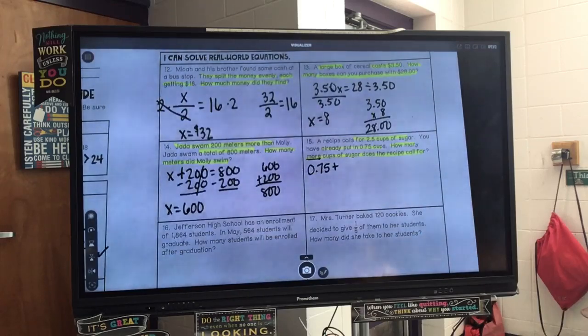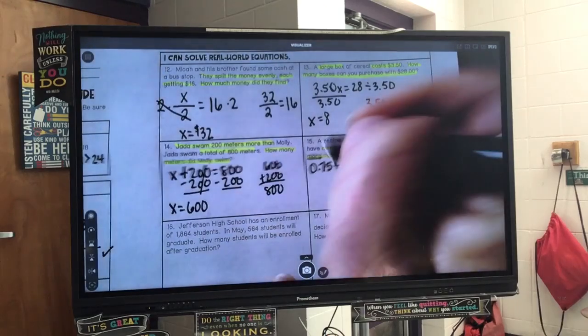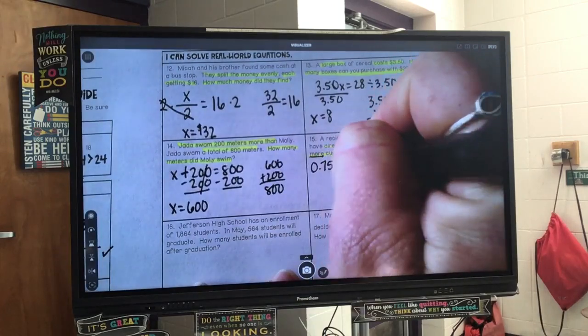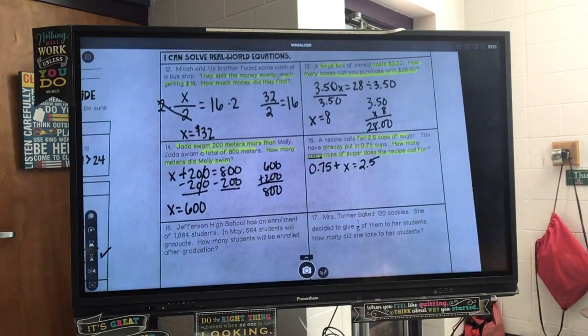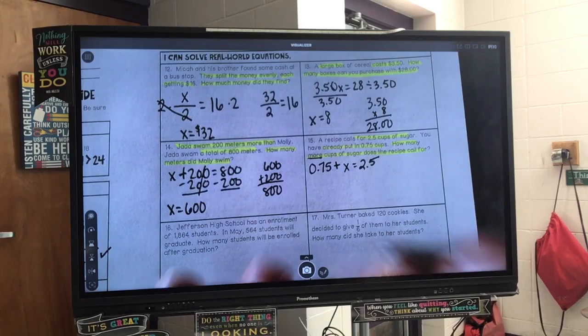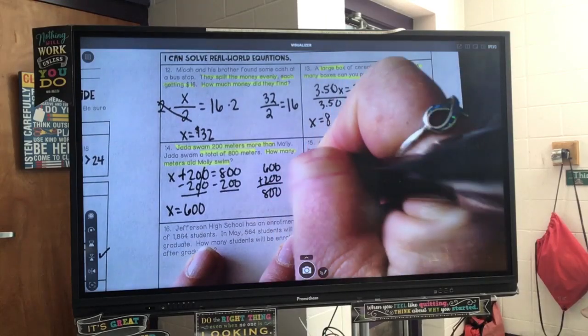Okay, I'm not trying to frustrate you. If you don't know, then we don't know, right? Is that our unknown, Troy? Okay, so that's where our variable goes, and then we know that it's gonna be 2.5 is what it equals. Alright, what do we do to solve this problem then? So we're gonna subtract 0.75 from this side and that side.